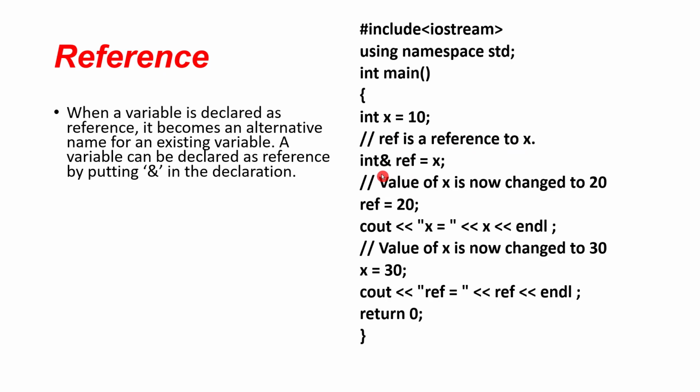So we are putting integer and reference equal to x. That means you have defined x equal to 10 here. And reference means it can be used as a substitute for the x. So whenever you use reference hereafter, the value of x will be taken, and vice versa.